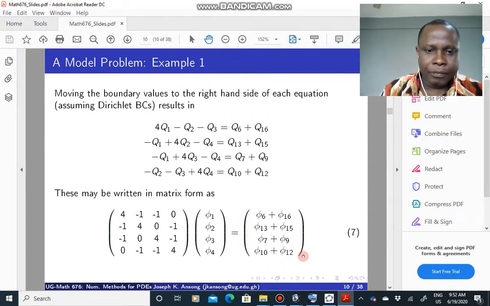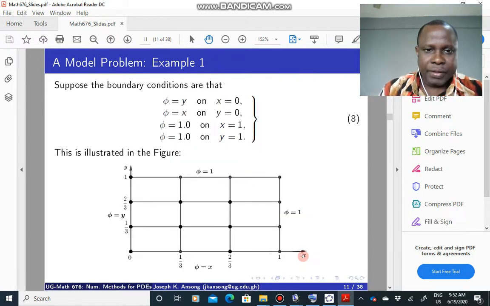Okay, so let's take these boundary conditions. Suppose the boundary conditions are given by this. This is the same domain that we are looking at. On x equals 0, that is along y, phi is equal to y.